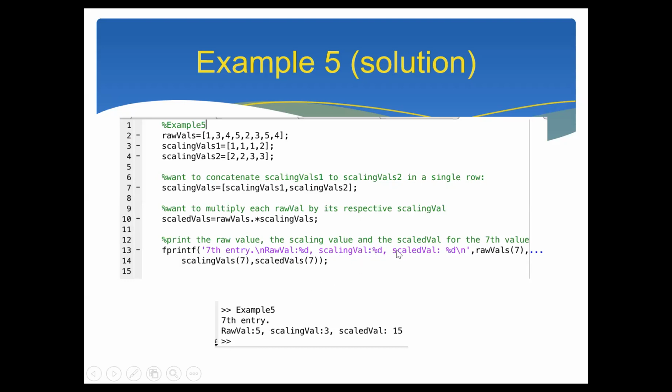And we have scaling value and scaled values. So you can print out everything you got by using fprintf. You just have to take a bit more time to write out this sentence and insert these values correspondingly to where you want to put them.